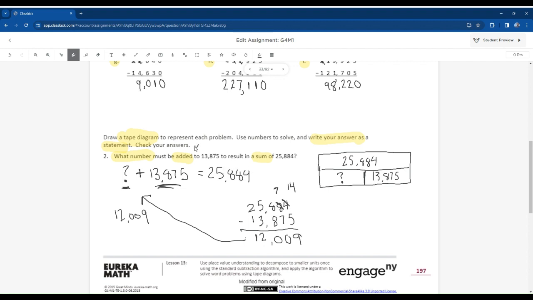And since it tells us to check our work, we'll use our addition to check our subtraction. So I'll do 13,875 plus the difference, and I should end up with this sum over here, plus 12,009.